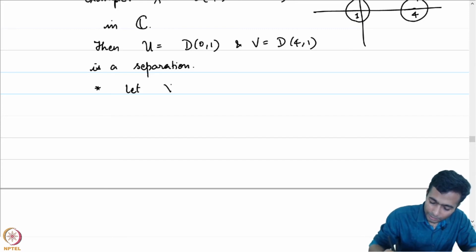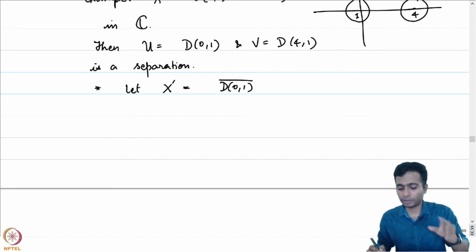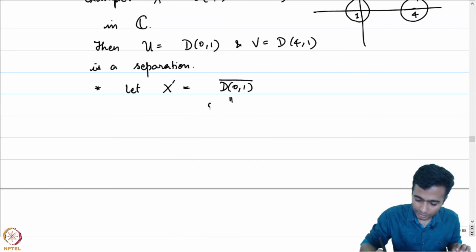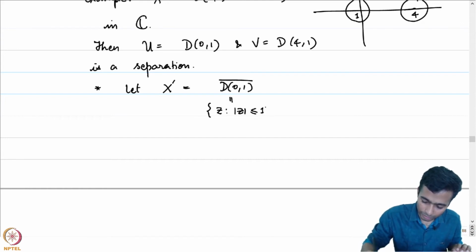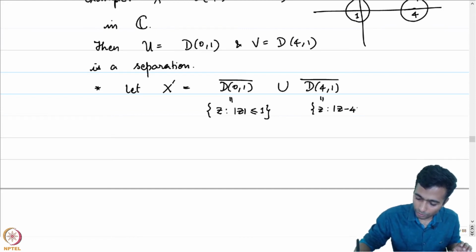Let X prime now be equal to D(0,1) bar. I'm putting this as a closure in C, but you should check that this is exactly the same as the set of all z such that mod z is less than or equal to 1. This union D(4,1) bar is the set of all z such that the absolute value of z minus 4 is less than or equal to 1.